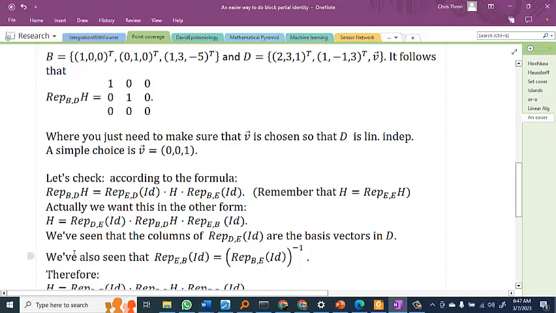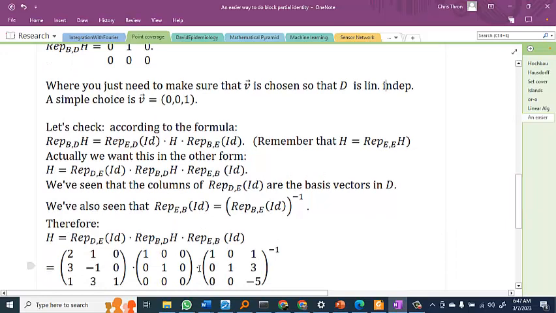Now, we've seen that the columns of this representation matrix are the basis vectors in D. I did this example some time ago, and you can verify that. We also saw that rep EB, if I want to go from E to B, is the inverse matrix of the representation matrix from B to E. And the representation matrix from B to E is simply the matrix whose columns are the vectors in B. So here's my answer.